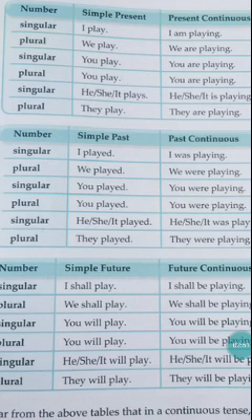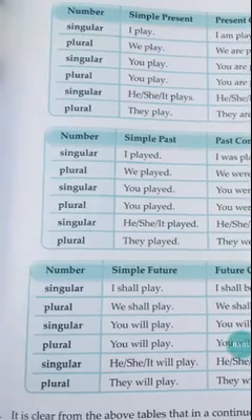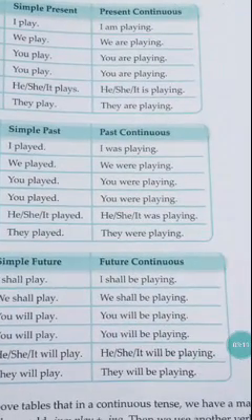Let me show you. If you observe in the present continuous singular, the third person, he or she or it is playing. It is raining. We need to convert this into future continuous. Now compare this, it is playing, to future continuous singular, that is he or she or it will be playing.